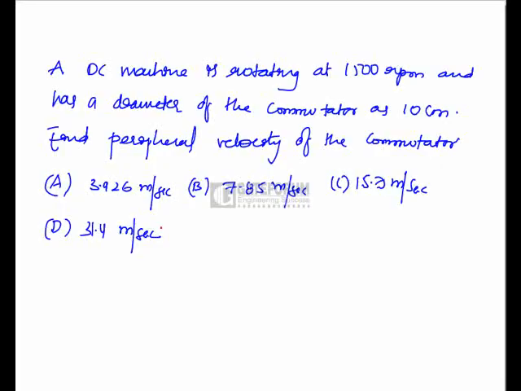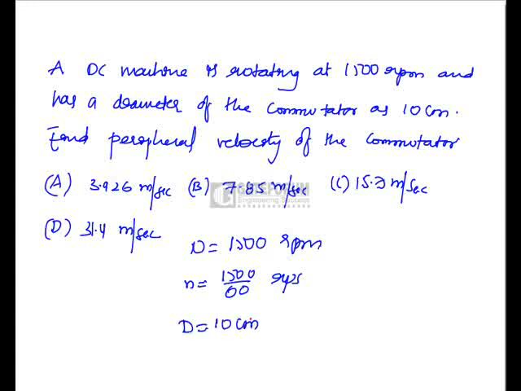A DC machine is rotating at 1500 rpm, that is 1500 by 60 rps, and having a commutator diameter d equal to 10 centimeters. Now we have to find the peripheral velocity of the commutator, let us take it as Vc.